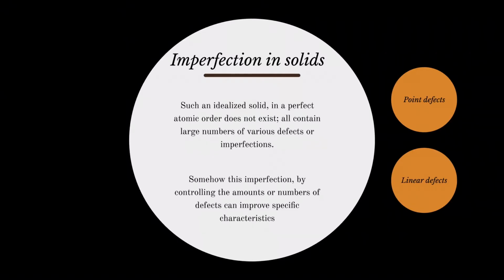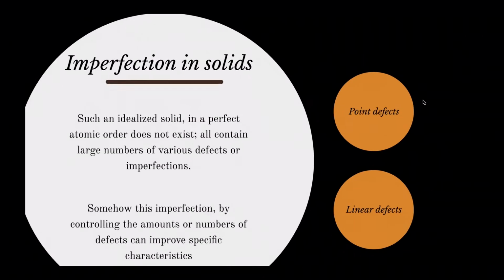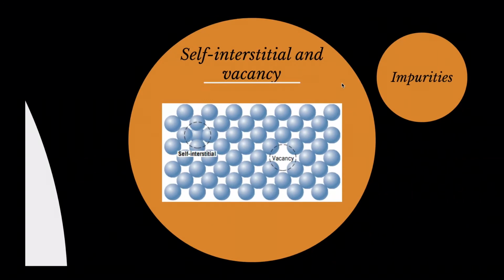Imperfection does something to our material, and if we can control that imperfection, we can also control some characteristics that can be observed in materials. Okay, in this section I will show you two types. We call the first one a point defect, and the second one a linear defect. So let's start with point defect.